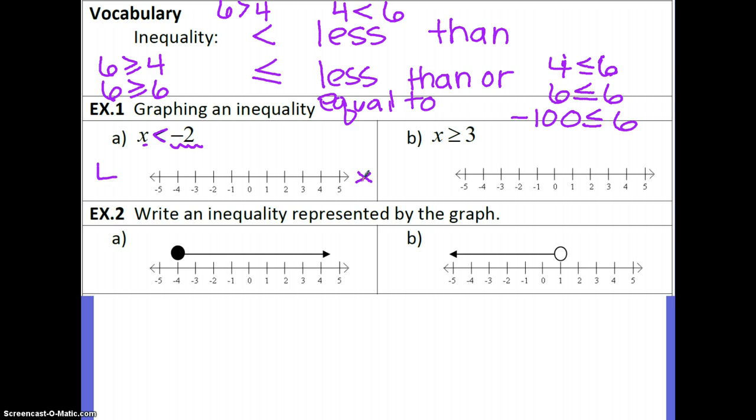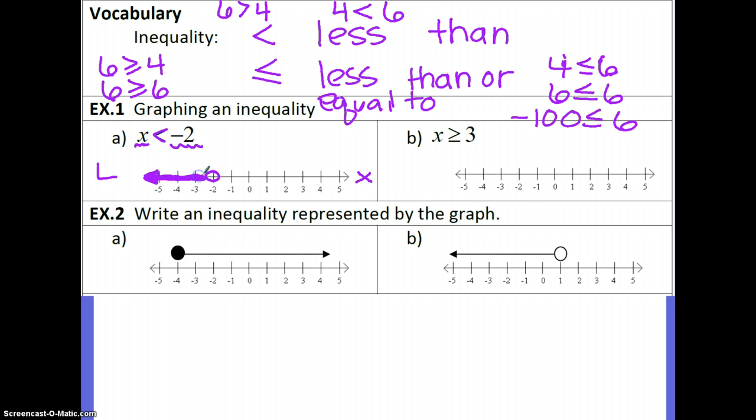So we find negative 2, which is right here. And at negative 2, it says that all numbers are the x, meaning our solution values are all less than negative 2, which would be going this way. And then I draw my arrow.